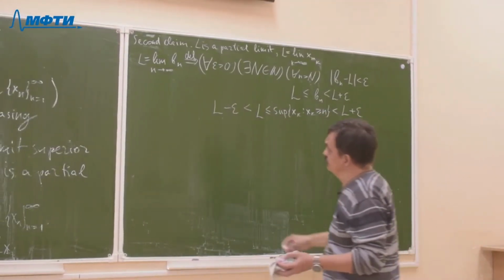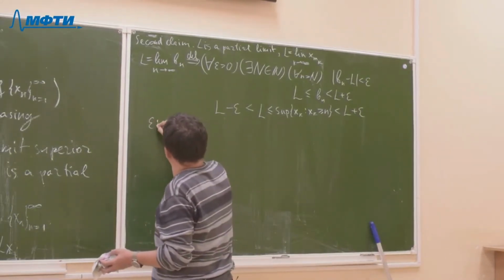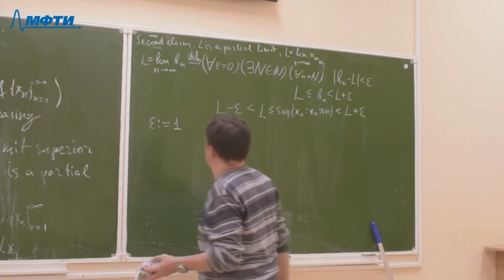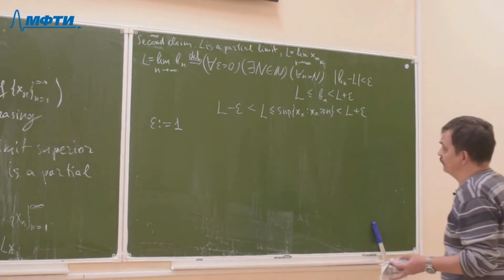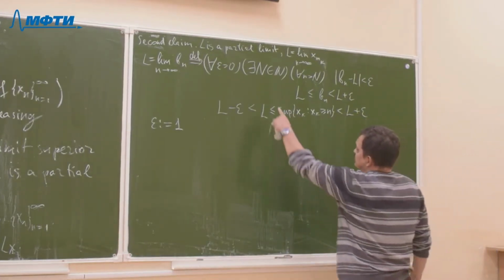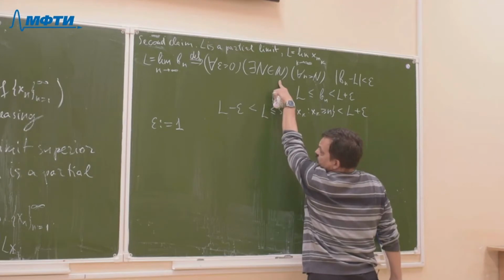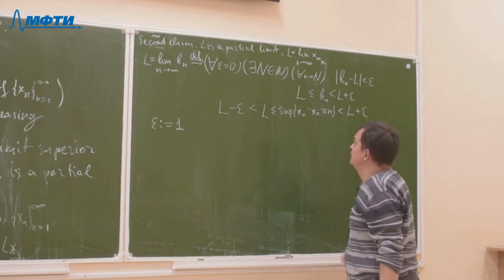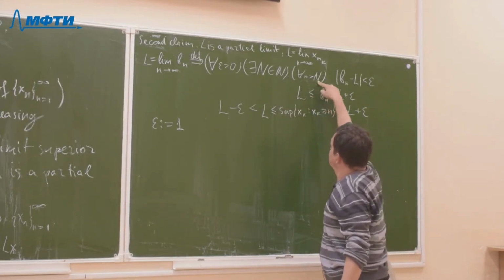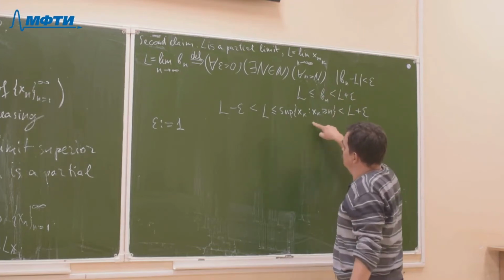Now let us choose, let's say, epsilon equals 1. So there exists a certain capital N such that for all n greater than N we have this inequality.